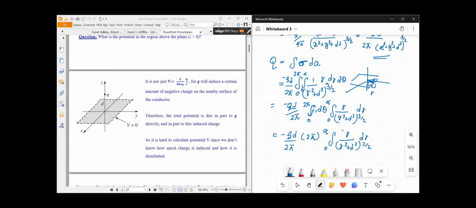Try this integration: limits from 0 to infinity, r over d squared plus r squared to the power 3 over 2 dr.